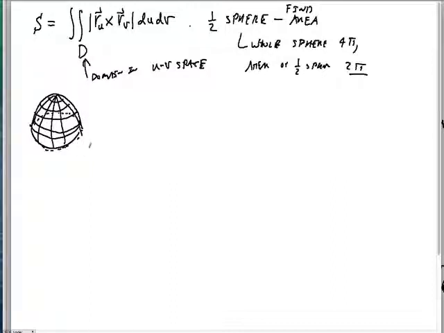Our D is going to be the circle underneath it. We're going to say the radius of this whole sphere is equal to 1. I forgot to mention that. We're going to talk about the ideal case of just a radius 1 sphere. Obviously if you try a different radius, you're not always going to get 4 pi out of it.